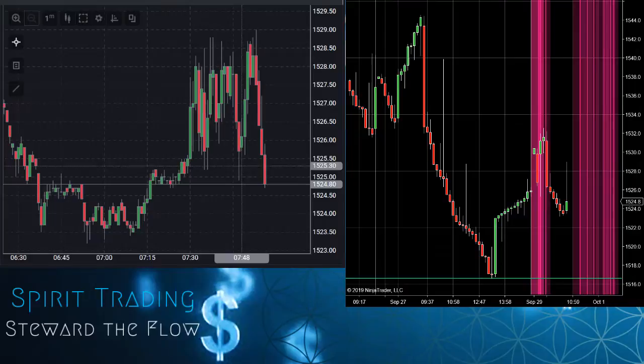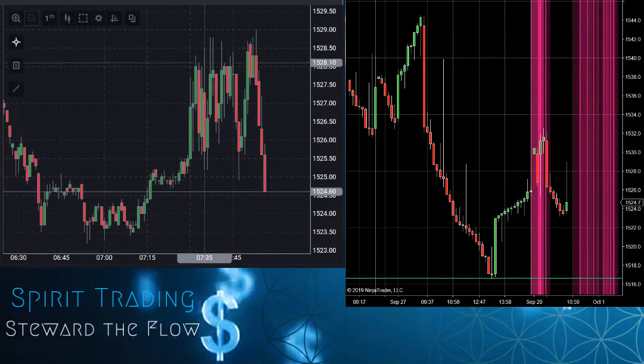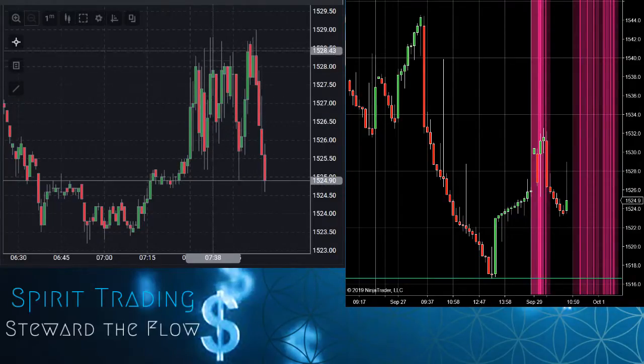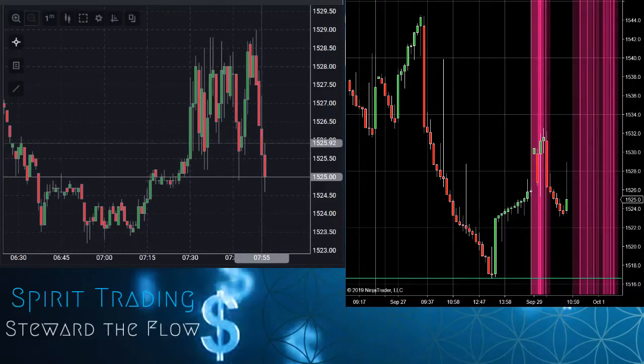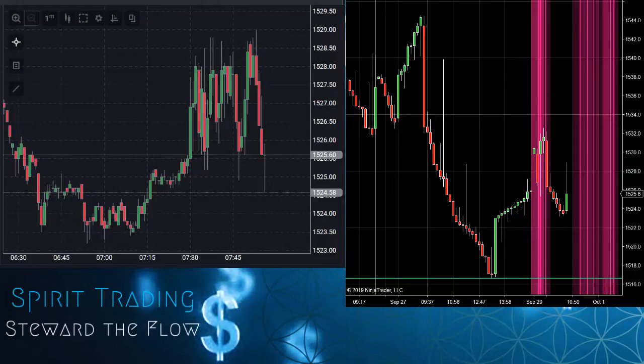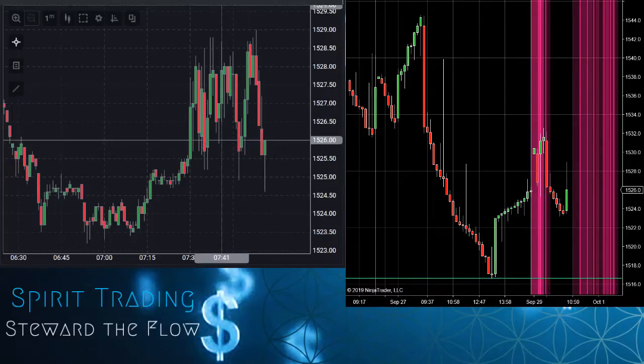I found that it was the easiest to scalp when the market was just mulching around and not directional, just kind of fading through the market. And that's a tough game. I guess it's simple though.